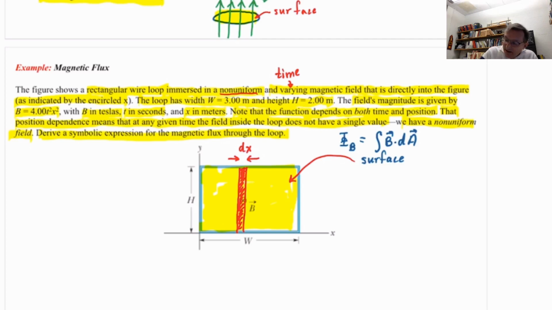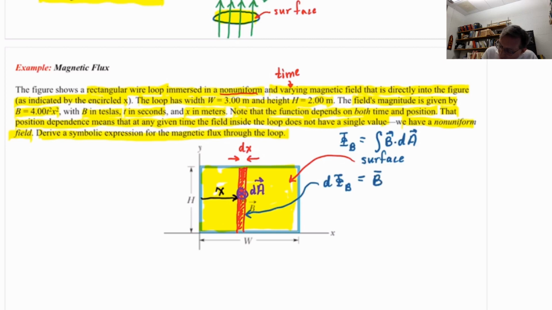And it is itself located at some x coordinate. And so there's a little dA that goes with that, which I'm going to take to be into the screen. Let's write down an expression for the magnetic flux through just that little element. I'll call it d phi b, through that.